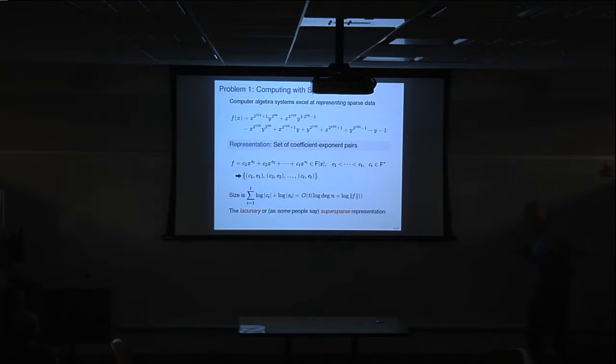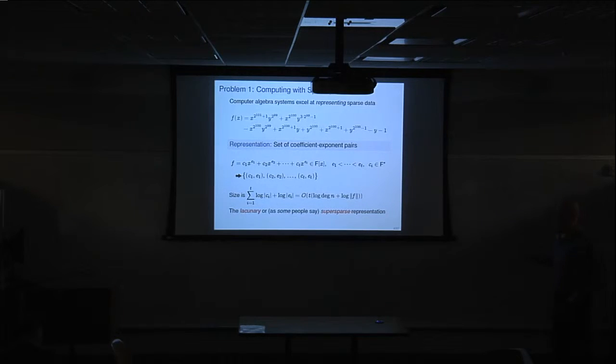When we write something down with 5 terms, we want the size to be proportional to 5, or 5 times the logs of the exponents, and not proportional to the actual degree of the formula. There are various words for this. Some people will call it a lacunary polynomial. Some people will call it a super sparse polynomial.